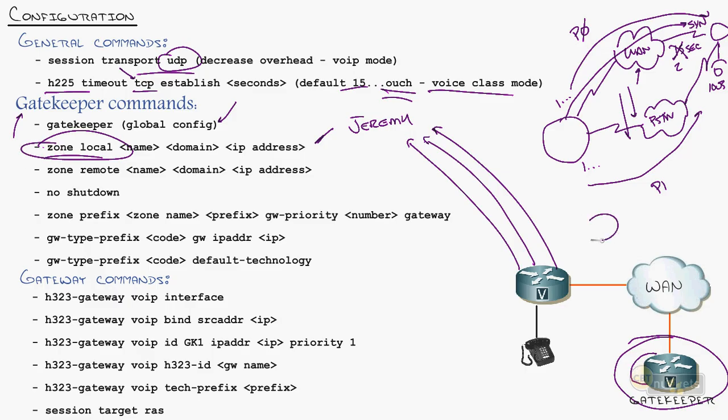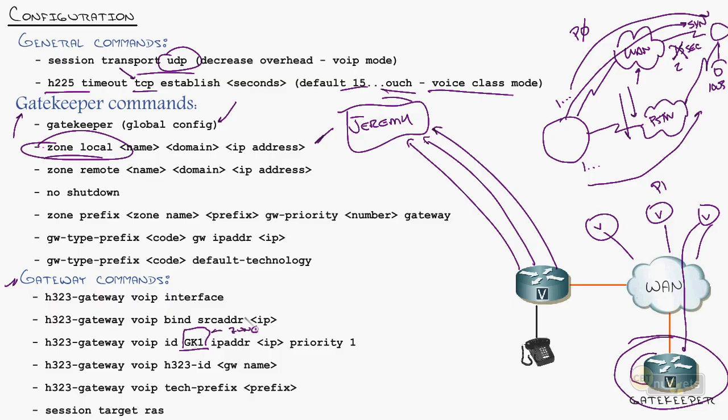So imagine all these different voice gateways out here, hundreds of them, that are all attached to the same WAN. And they say, hey, I'm going to register and report to the Jeremy zone. And you can see down here, this is the gateway config. This is where you would go into the gateway and say, I'm going to register with the zone. In this case, I have GK1 being an example, but that's your zone name.